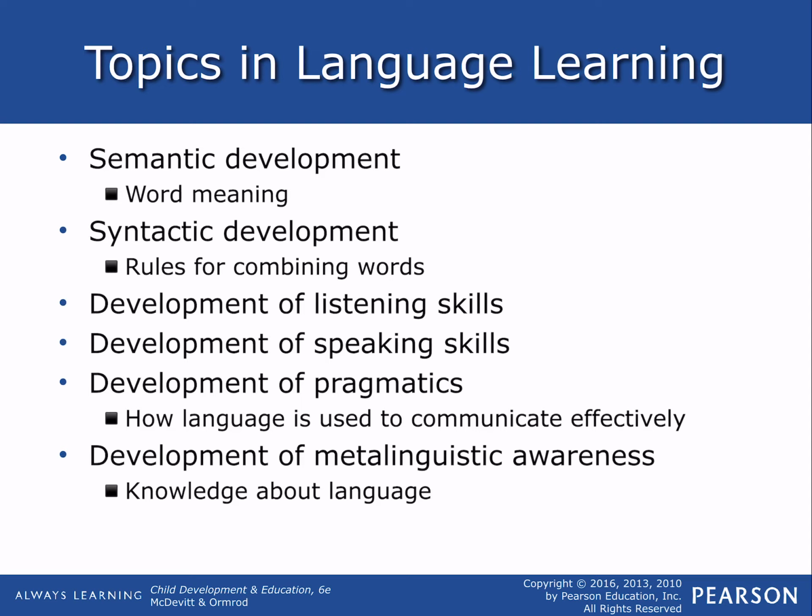Pragmatics: using language to communicate effectively. It's important for people to know what you mean. Kids who stutter, I might be getting ahead of myself, but it's okay, it's in my head right now.